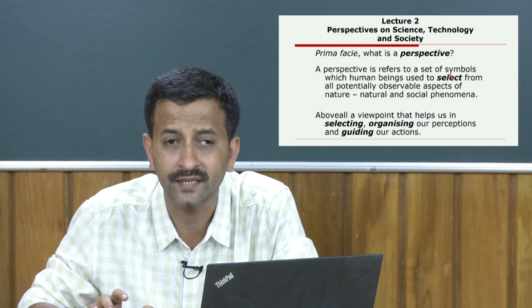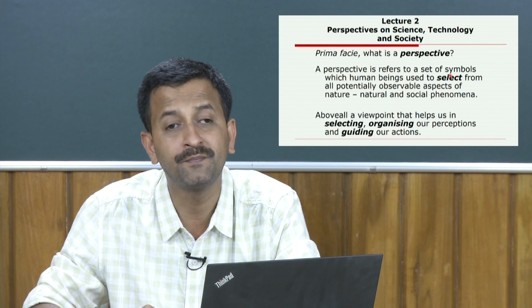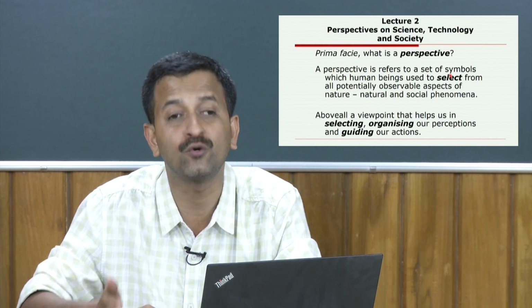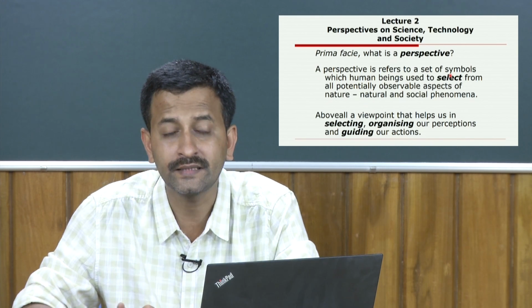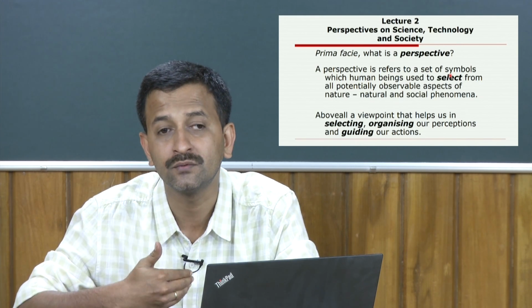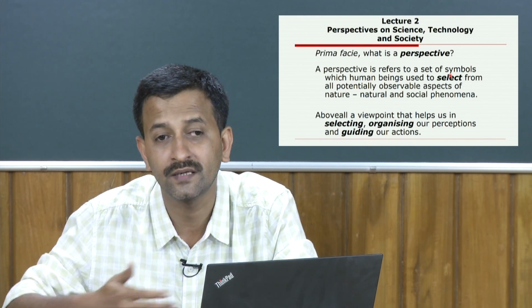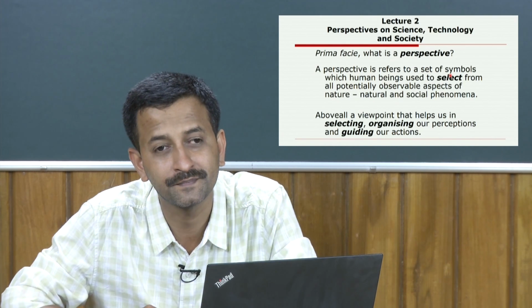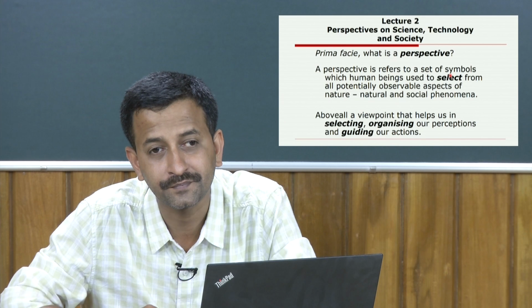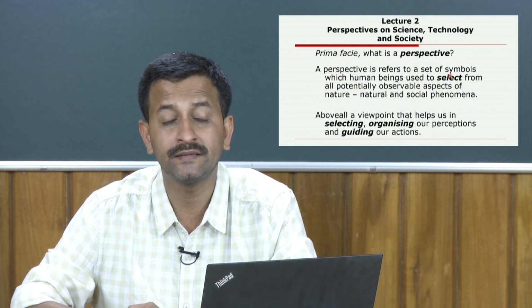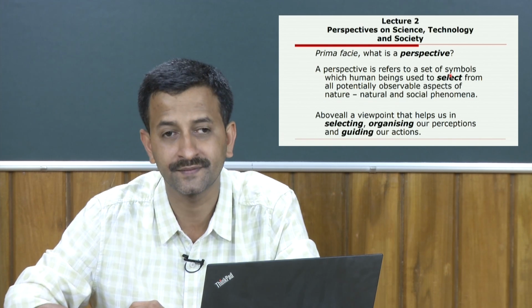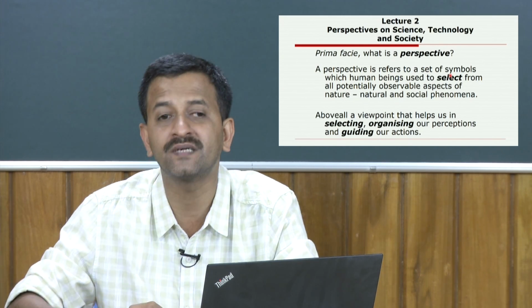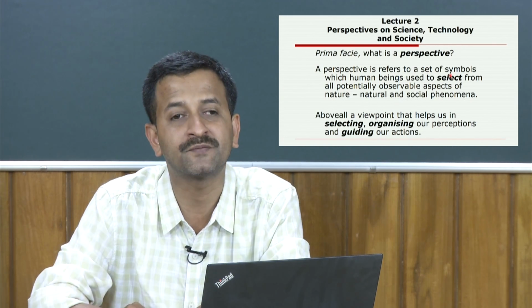It may be tested wrong. That is why I gave you the example of having seen a ghost. That is the immediate contact we have with our immediate environment, but it may be proved wrong. That is why there is a need to have a perspective, to organize our perceptions to arrive at a perspective.